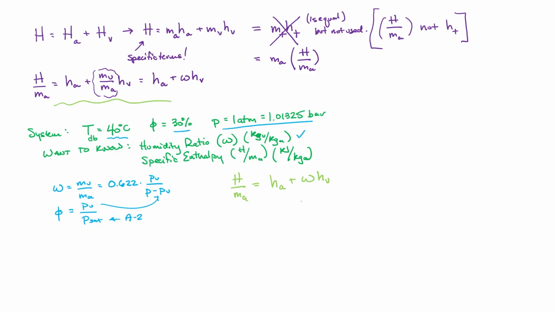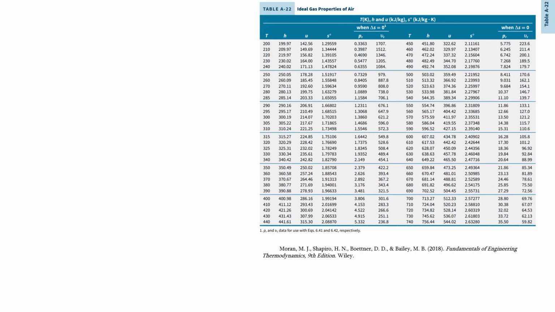My H of my air is going to come from table A22. Again, this is taken from the 9th edition. If this video is being used in the future, you might have a newer version and things may change, specifically in our air tables, because composition of average air changes over time.